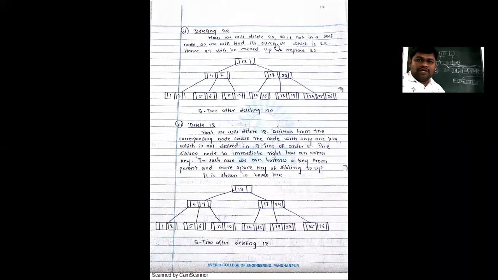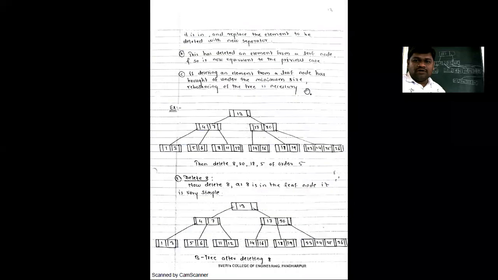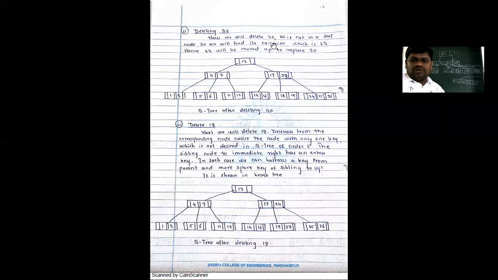Now we will delete 20, but 20 is not a leaf node, so we will find its successor. Who is the successor of 20? 23. So the successor is 23, hence 23 will be moved up to replace the 20.